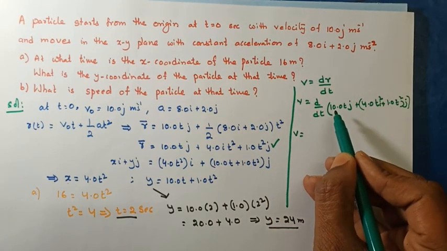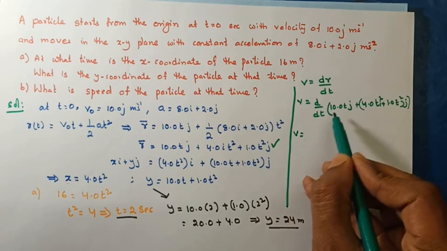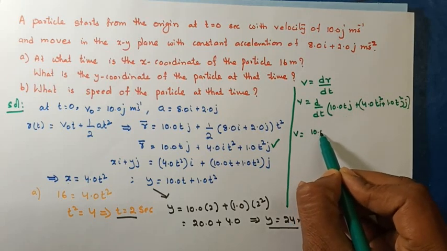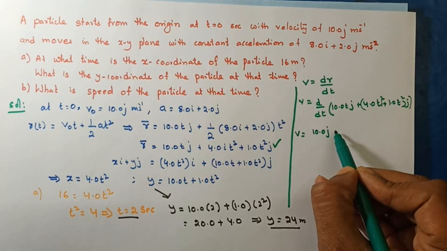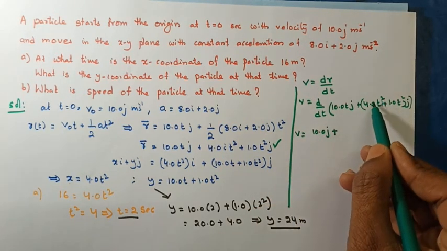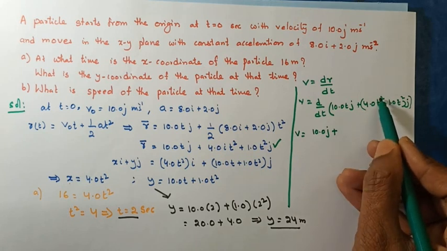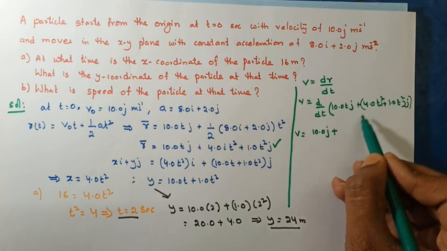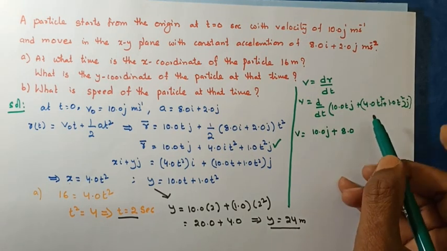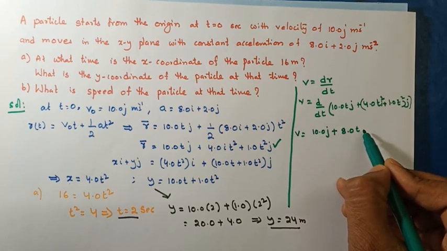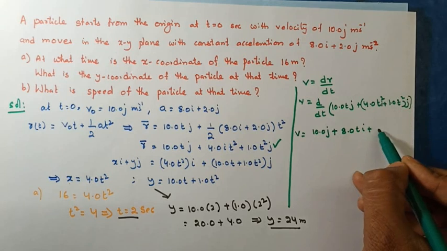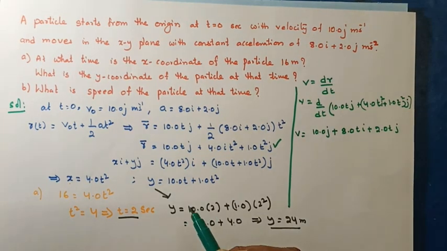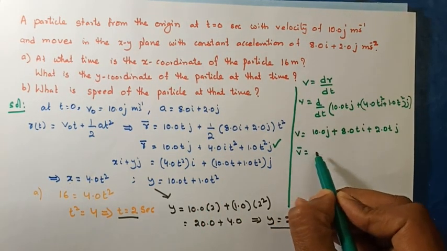Now what will you get? Differentiating 10.0 t gives 10.0 j, plus t squared becomes 2t, so 2 into 4.0 gives 8.0 t i, plus 2.0 t j.